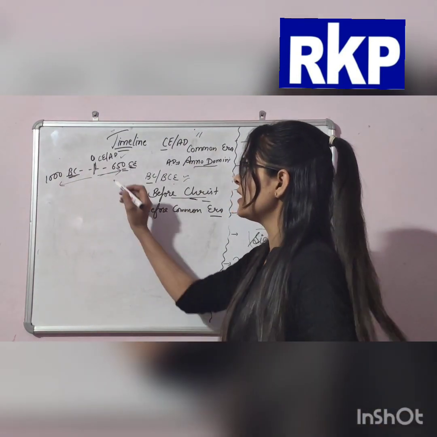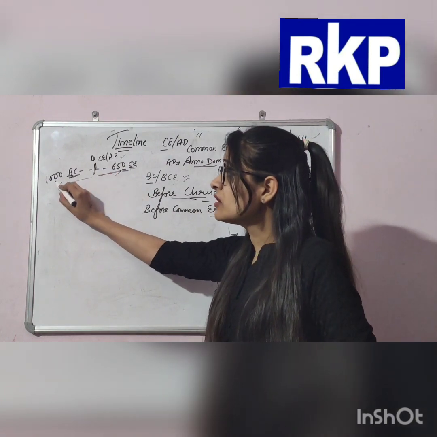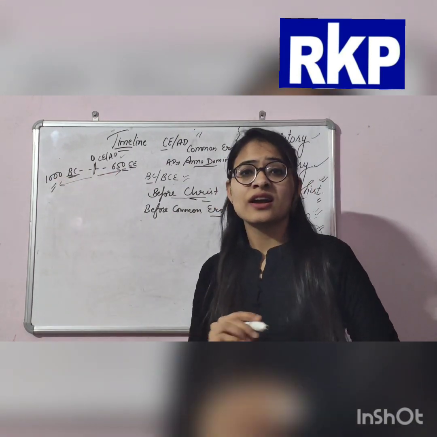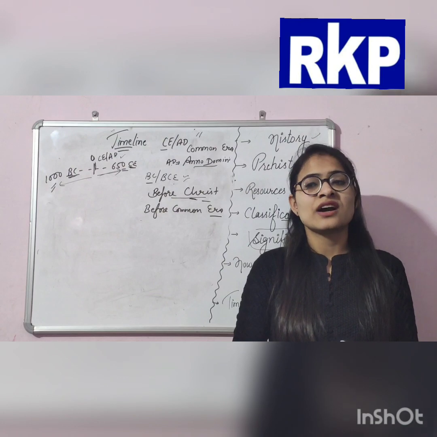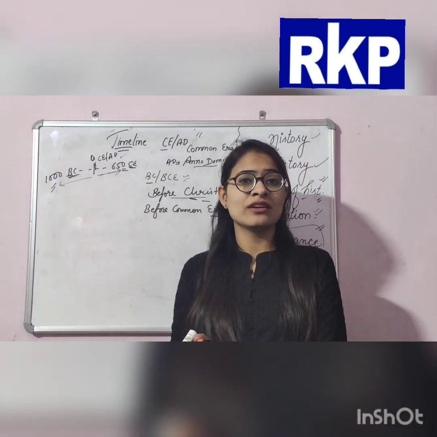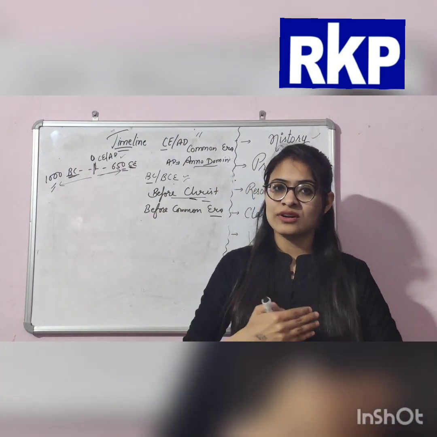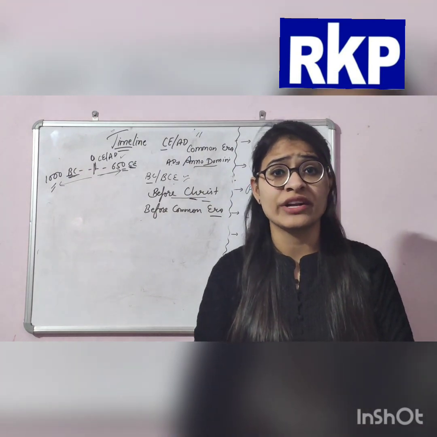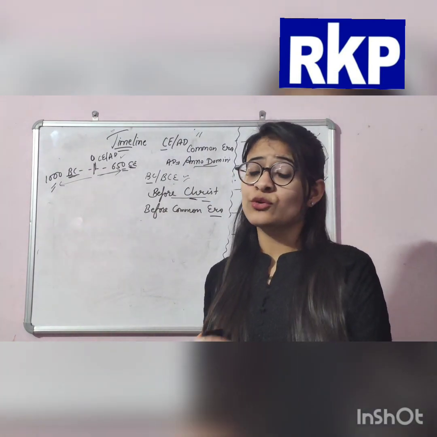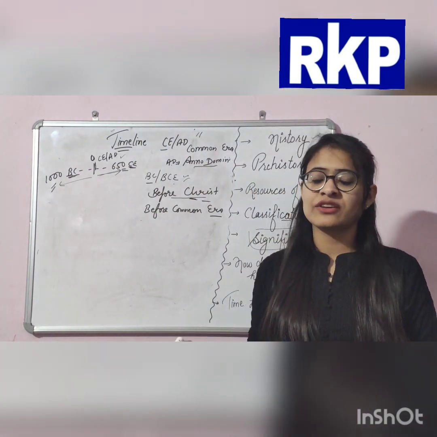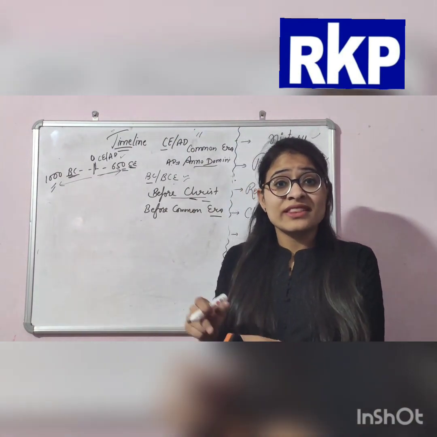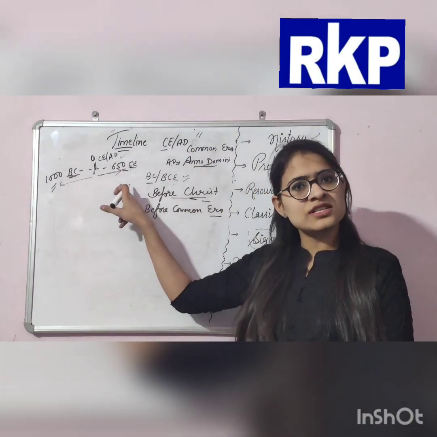Like after 1000 BCE, when 1 year passes, after that comes 999. But now, if we are in 2021, the next year will be 2022, and the next 2023, and that is after the birth of Jesus Christ.